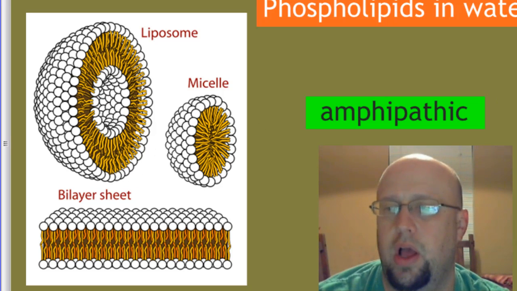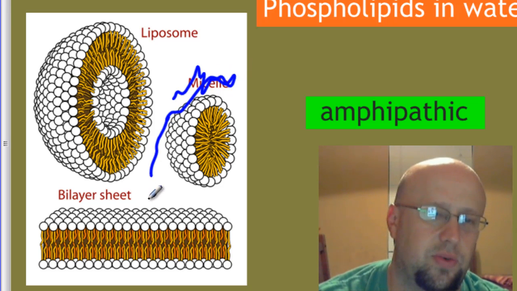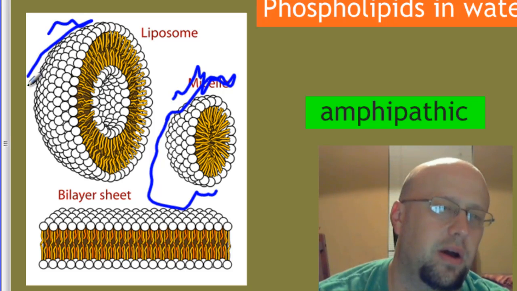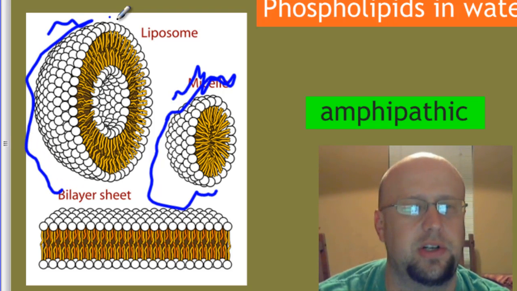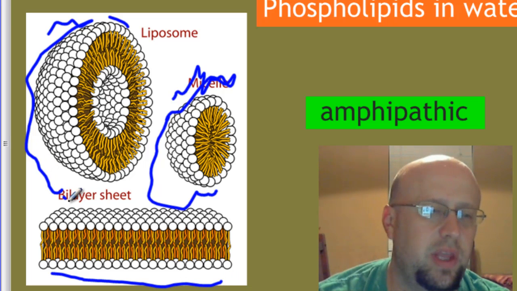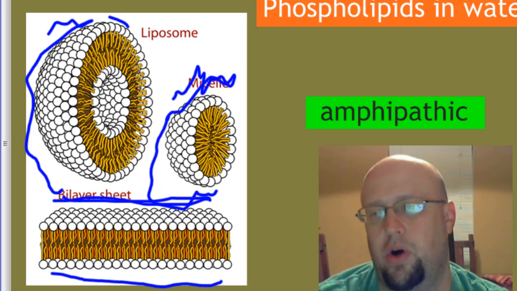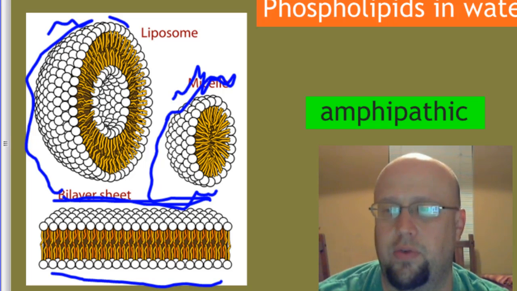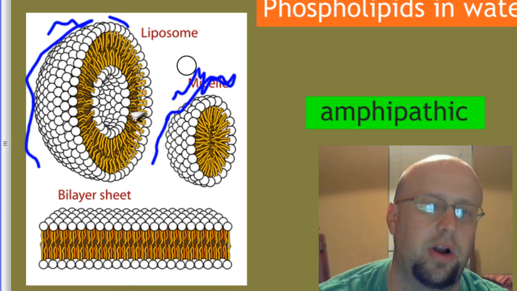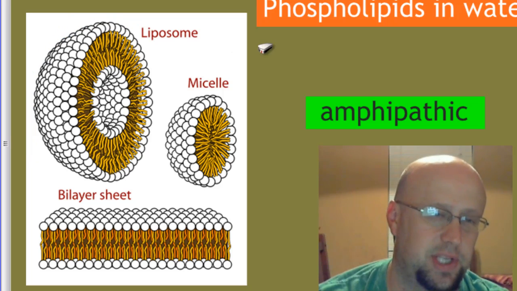The outside of all of this is water, and the phospholipid molecules are trying to arrange themselves so that only one end is approaching the water. Now, what end is that? Of course, that is the phosphate end, because the phosphate end, remember, likes water, and the lipid end of the molecule detests water, or wants to stay away from water.